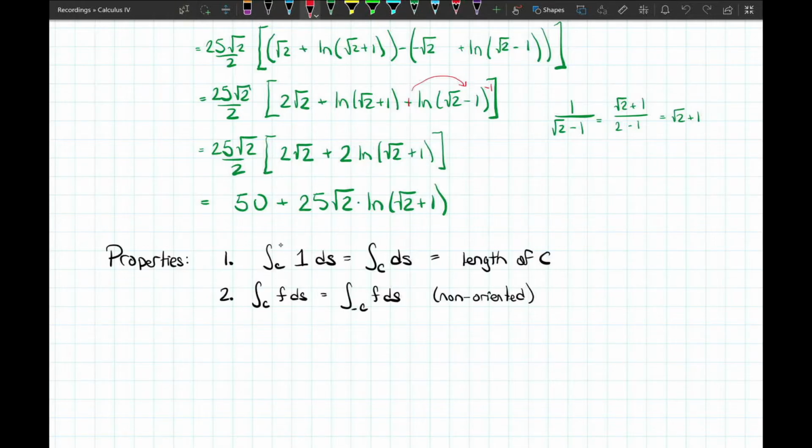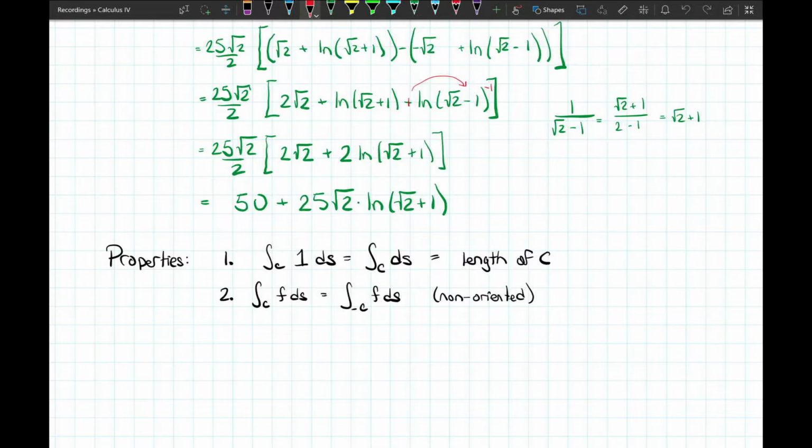The first property is if we are going to be integrating the function just equal to 1 over a curve. Well, then since this is simply just 1 and ds is equal to the magnitude of r prime of t dt, this is simply going to be the same calculation that we use to find the arc length of the curve.